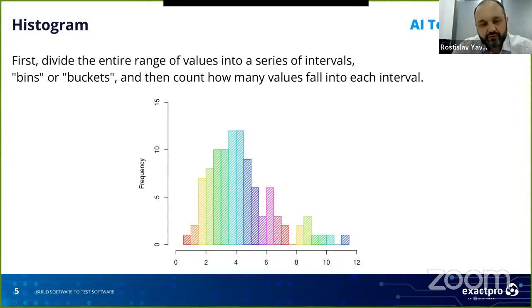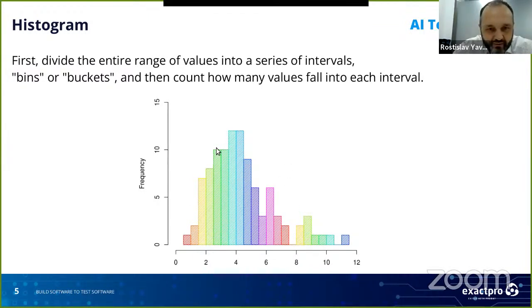For those who are not very familiar with this, let me remind you of the definition. You divide the entire range of your values into several intervals, which are called bins, sometimes buckets. And then you count how many values fall into each interval. Here, each bucket is colored in a different color. That's probably nice for the lecture, but usually people don't do it this way.